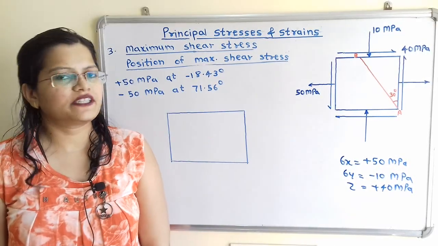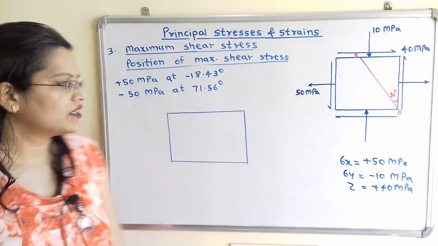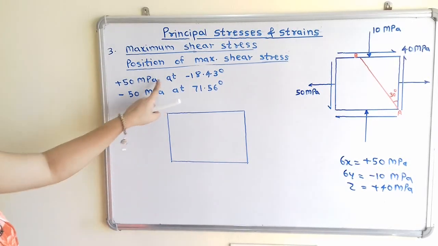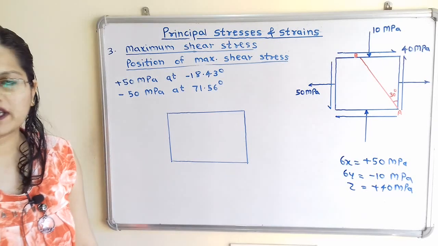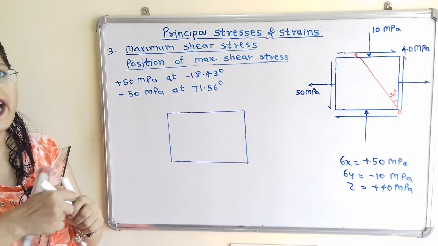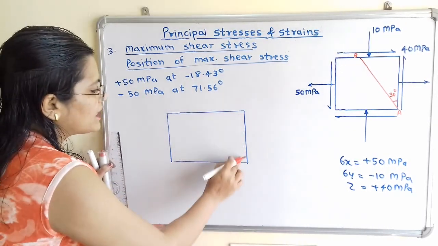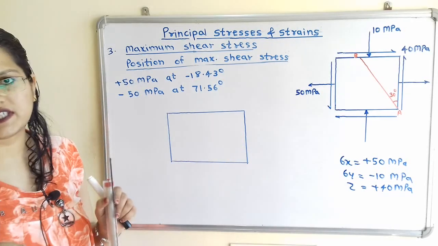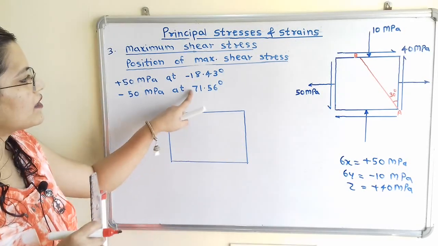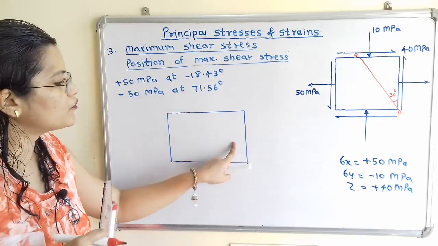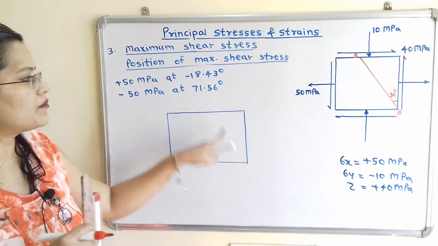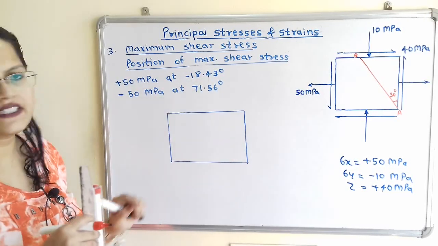Now we will locate the maximum shear stress. If we observe, the first angle is having negative sign. We always show the angle from this vertical line in anti-clockwise direction. So when the angle has positive sign, we will use the anti-clockwise direction, but here the sign is negative.